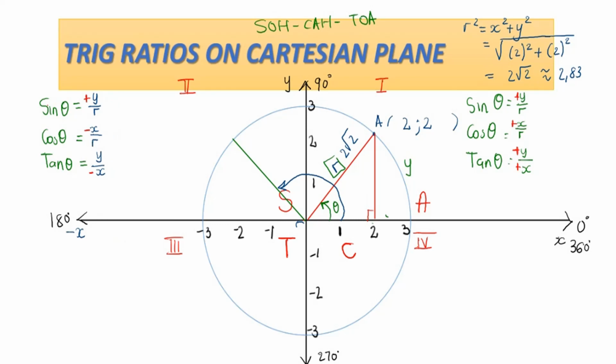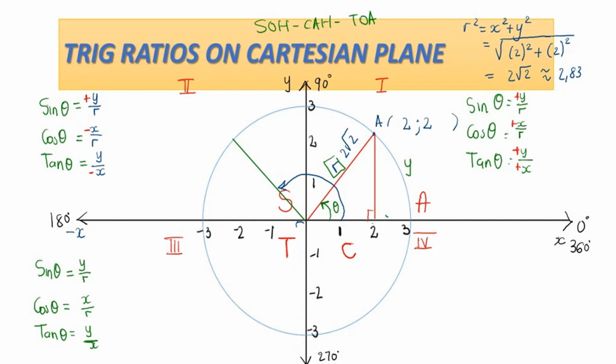Okay, let's have a look at our third quadrant. Sine of theta is always y over r, cos of theta is always x over r, and tan of theta is always y over x. Since we are in the third quadrant, our x values are negative and our y values are also negative.